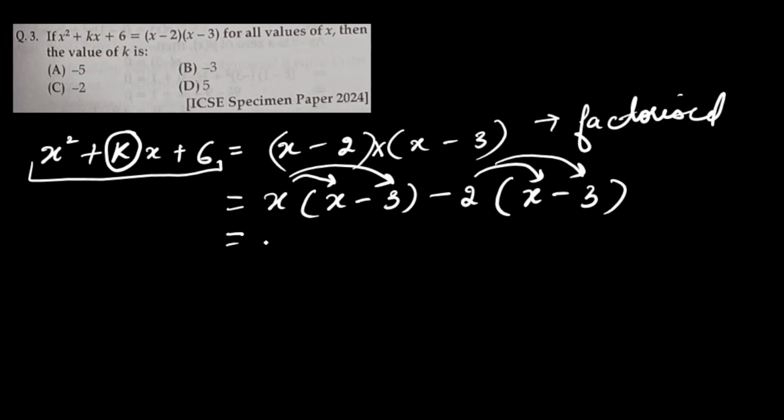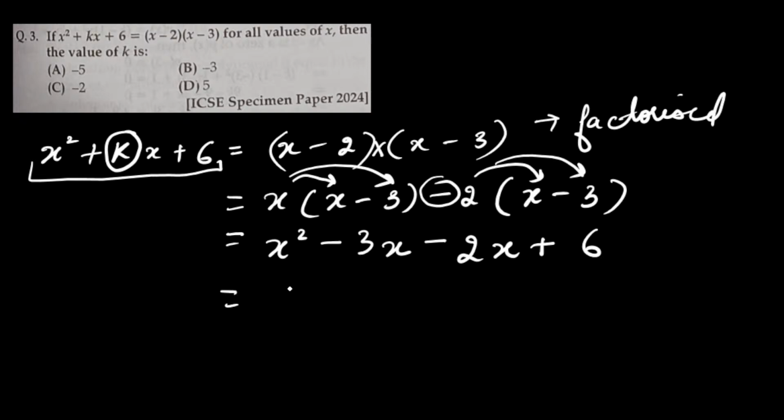So x into x is x square, minus 3 into x is 3x, minus 2. See, whenever minus is outside the bracket you have to change the inner signs due to minus multiplication. So minus 2x and again plus, because the minus is outside we are changing the sign. 2 into 3 is 6.